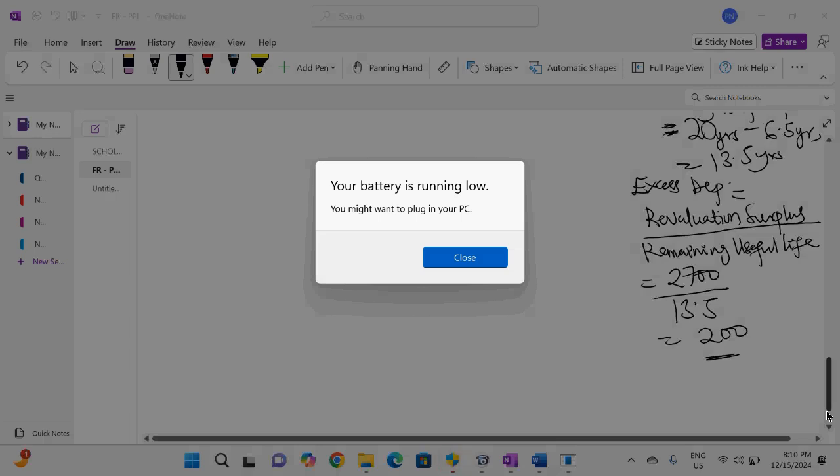Excess depreciation is when you have overcharged the depreciation. When you overcharge the depreciation, you are reducing our retained earnings. So you have to add it back to the retained earnings in the statement of changes in equity, because you have overcharged the depreciation.